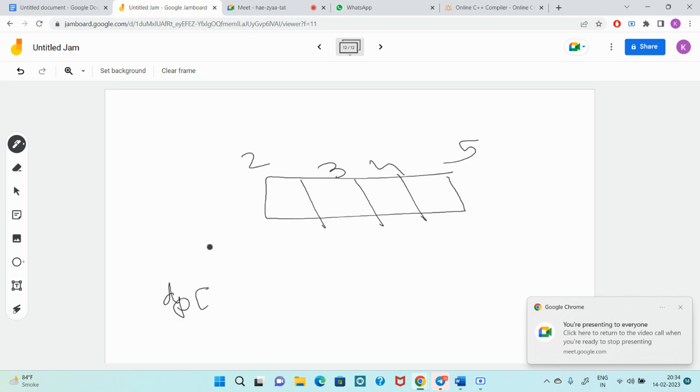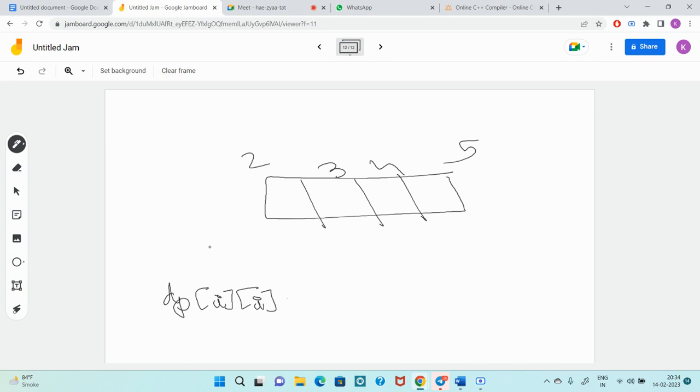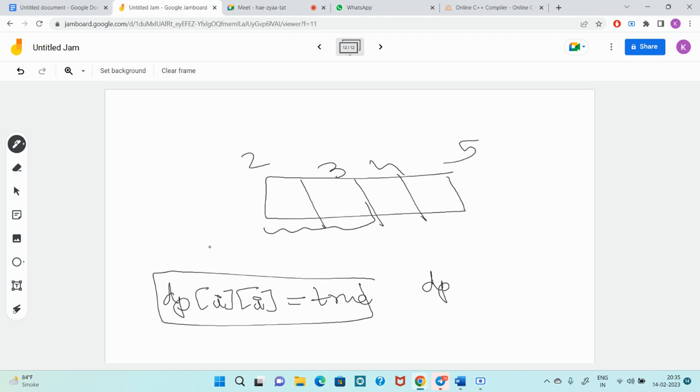First of all, I know that all one letters are always palindromes. So DP of I to I will always be equal to true. I will fill this from 1 to n or 0 to n minus 1, whatever index we are using. Apart from that, for all substrings of length 2, you can directly find if it is a palindrome or not.